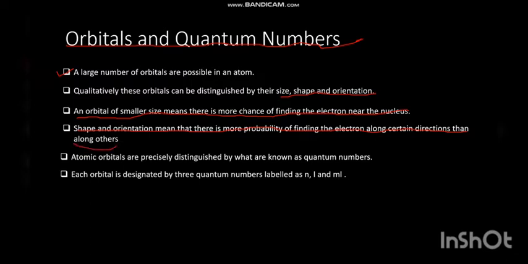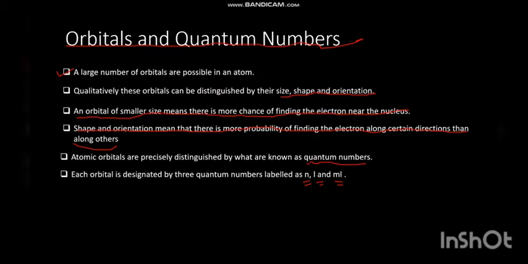Atomic orbitals are distinguished by what are known as quantum numbers, and these orbitals are designated by the following quantum numbers: n, called the principal quantum number, l, the azimuthal quantum number, and m subscript l, the magnetic quantum number, and there is one more called the magnetic spin quantum number.